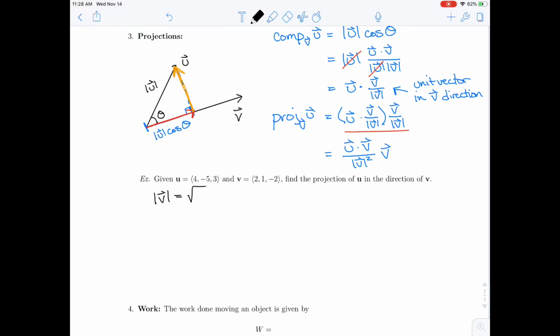The length of v is the square root of 2 squared plus 1 squared plus negative 2 squared. Adding those up, that's the square root of 9, or 3. So the unit vector in the same direction as v, if I divide v by its length, 3, is going to be the vector 2/3, 1/3, negative 2/3.